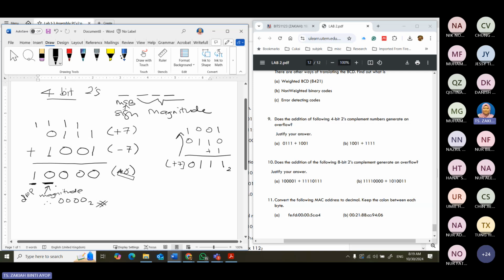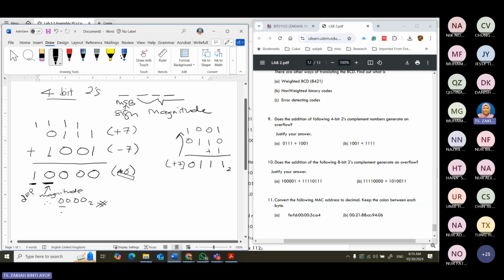All right. So your justification is that since the most significant bit is a sign bit of a positive number, it is not an overflow.